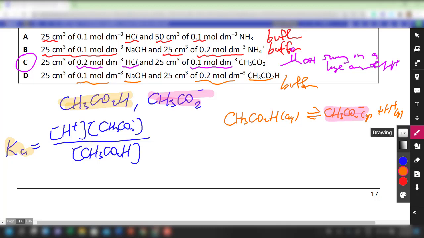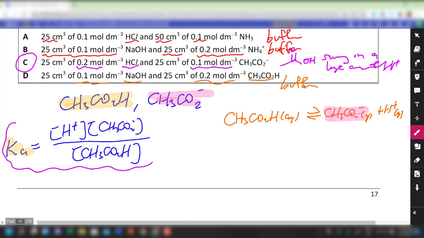But there is still an equilibrium amount of ethanoic acid and ethanoate present, although the ionization is being suppressed. Therefore, this expression will still hold, except that the H+ and ethanoate are no longer in a 1:1 ratio, because I artificially added a substantial amount of ethanoate.